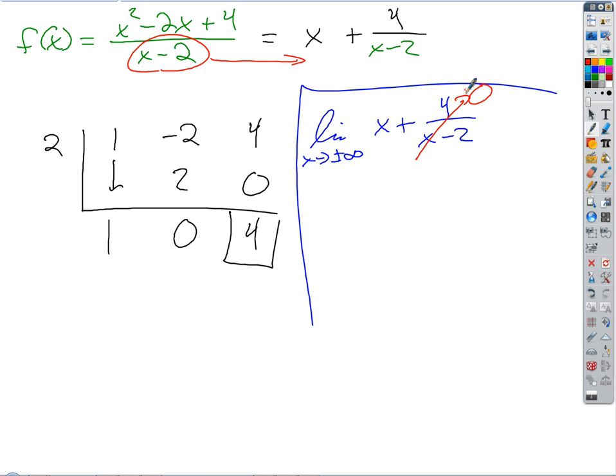That's one of our 3 types that we know how to deal with just by inspecting. So the limit of this function as x approaches plus or minus infinity is x.